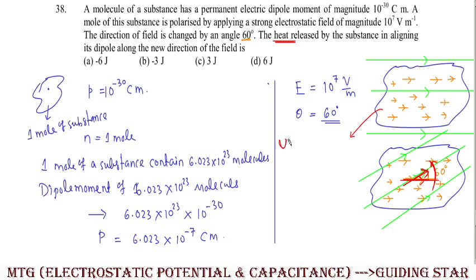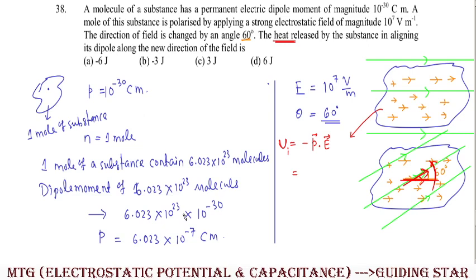Potential energy of the dipole will be, let it be initial potential energy. So initial potential energy will be minus P dot E. Clear? That means over here, what is the value of P?